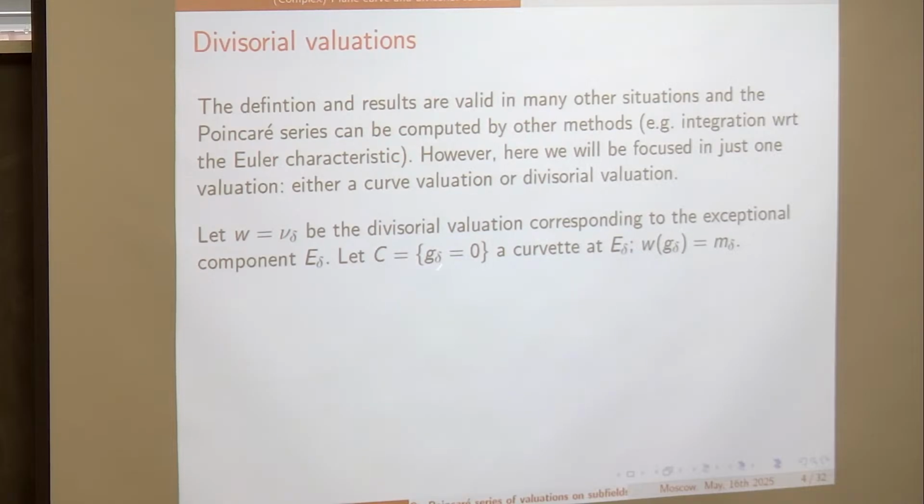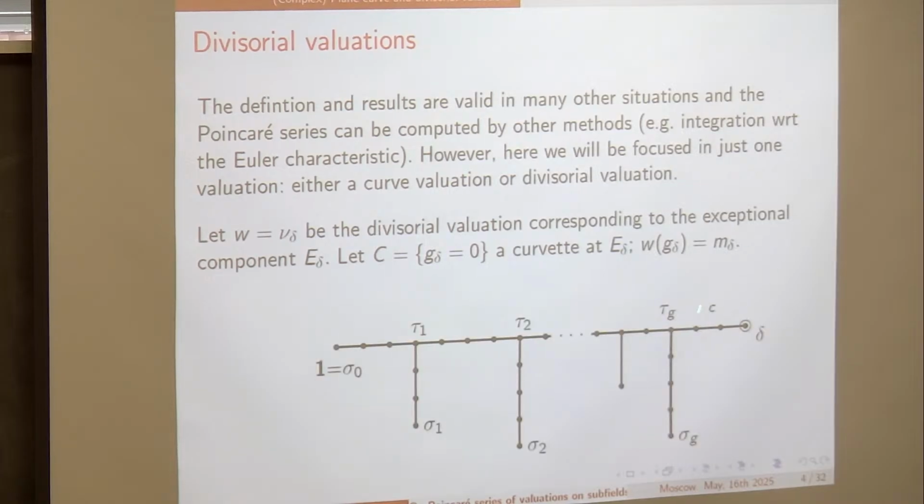So this is also a discrete valuation, and the values are positive integers. You can take a curvette in this divisor, that means a curve defined as before, and you take this value. So this is the main graph along this talk. You will see it many times, repeated with different features, but always the same. This is the dual graph of the resolution of the divisorial valuation delta, or of an irreducible branch.